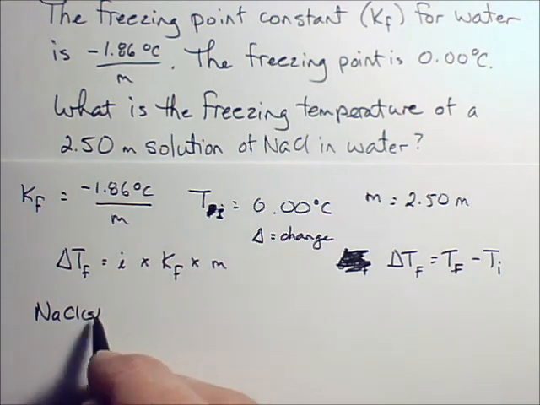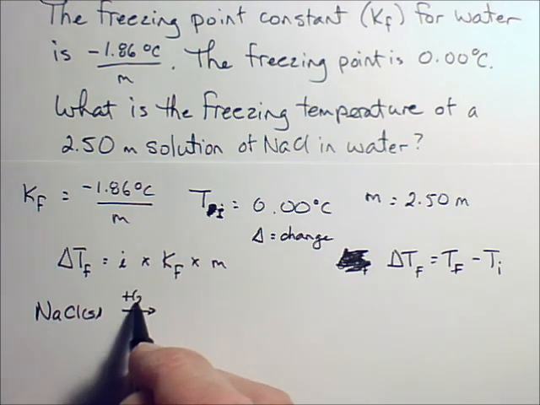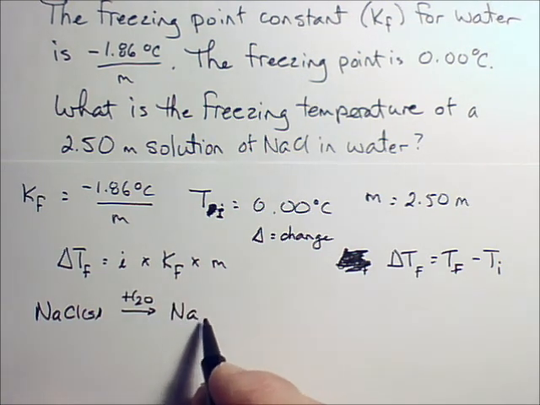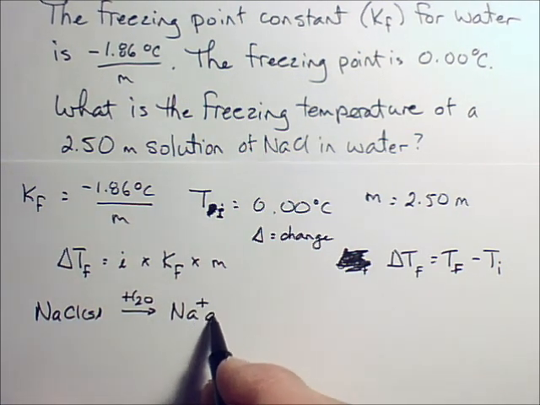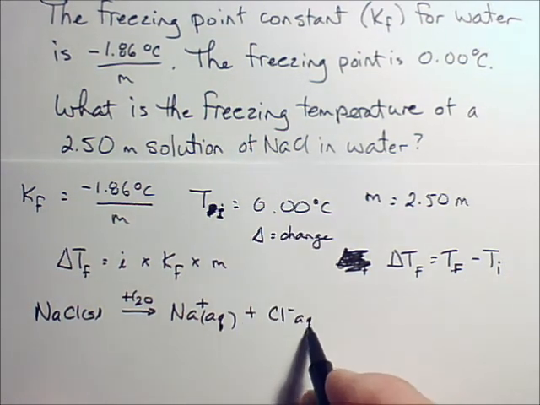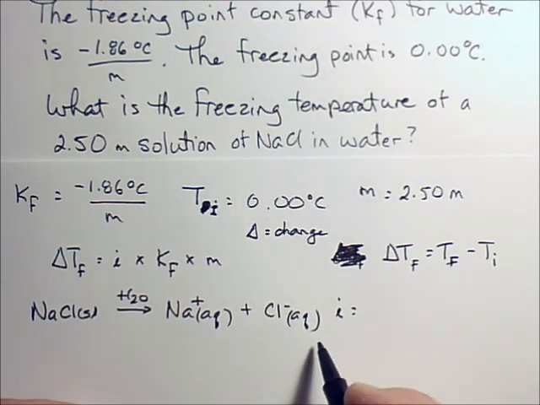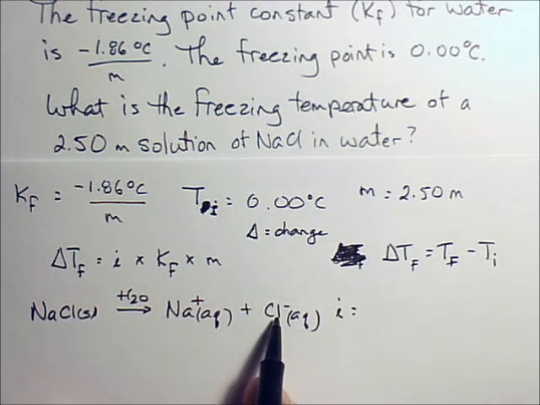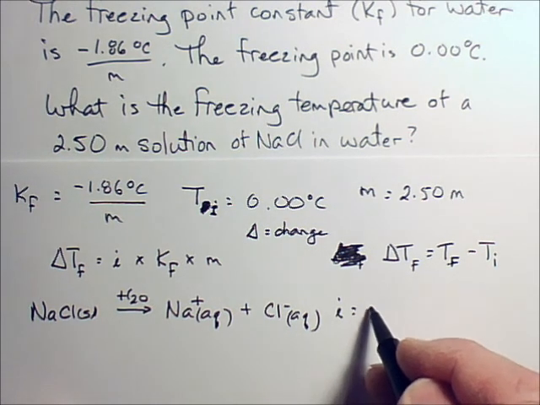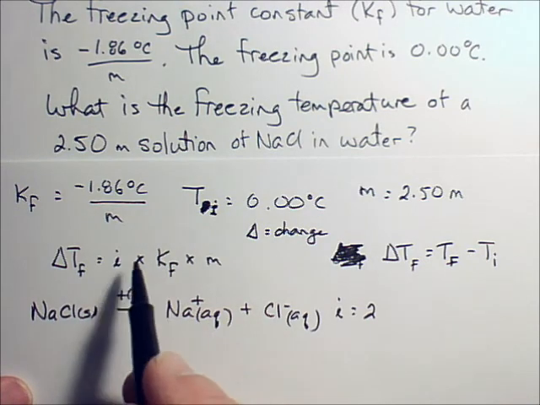When you shake it into water and stir it up, you're dissolving it in water, you get sodium ions and you get chloride ions, and for that, i equals 1, 2. 2 ions, 2 particles it breaks up into. So i is 2.